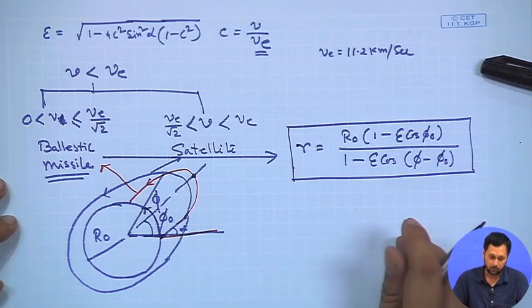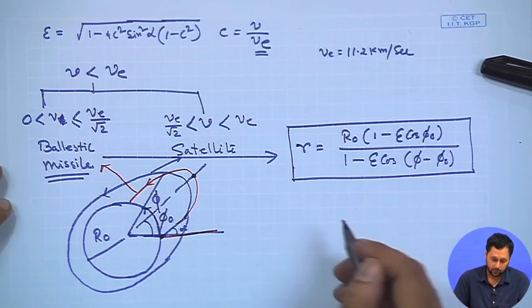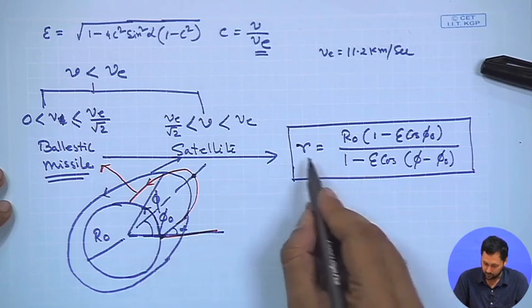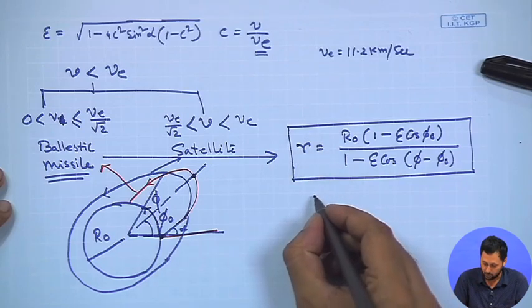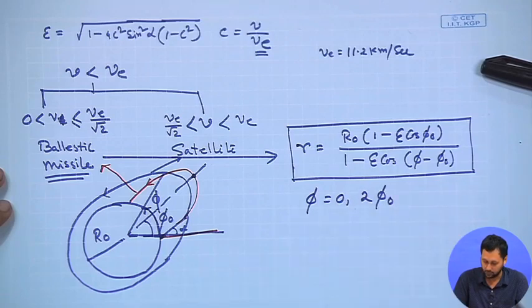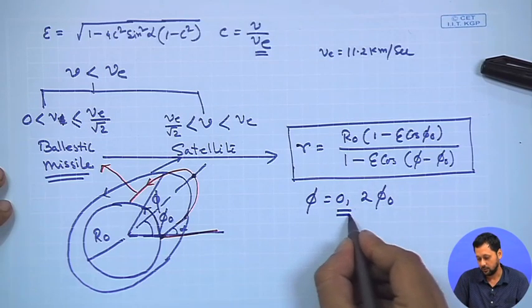From this equation we have seen that r equals r0 for phi equal to either 0 or 2 phi 0. Phi equal to 0 is the initial condition.